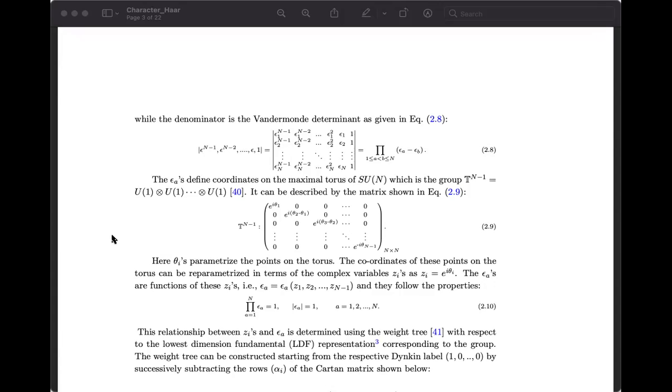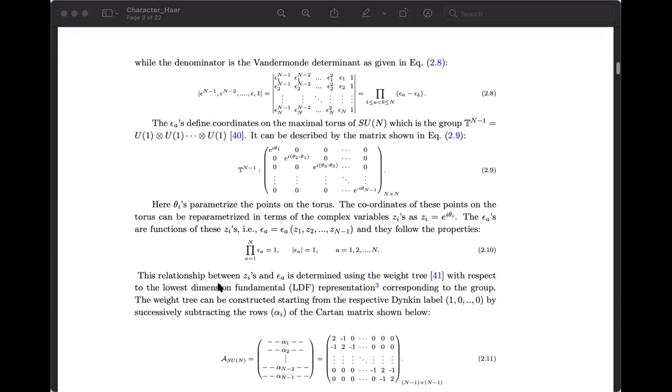Now the coordinates of these points on the torus can be parameterized in terms of the complex variable z. So here zi equals e^(iθi), and epsilons are functions of z. So you can write epsilons as functions of z1, z2 up to z(n-1). And because they satisfy this criteria, similarly we get a relationship among all the zi's as well.